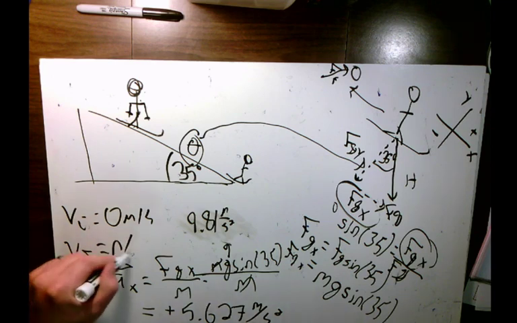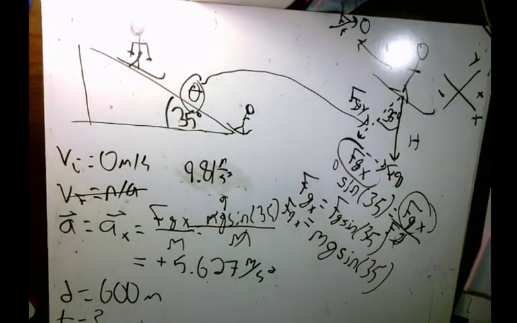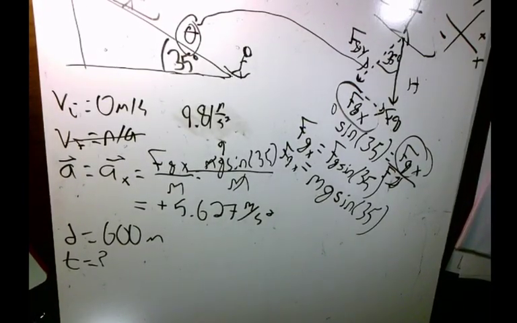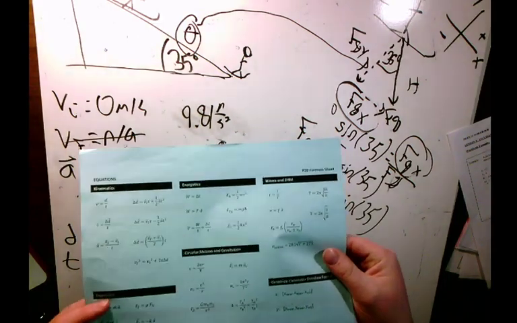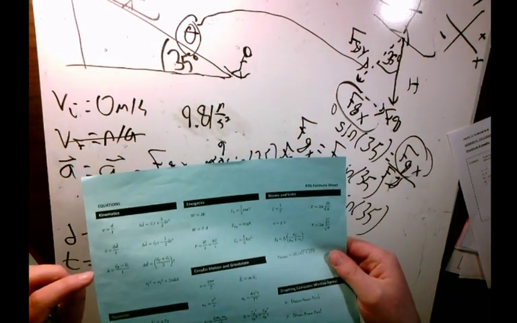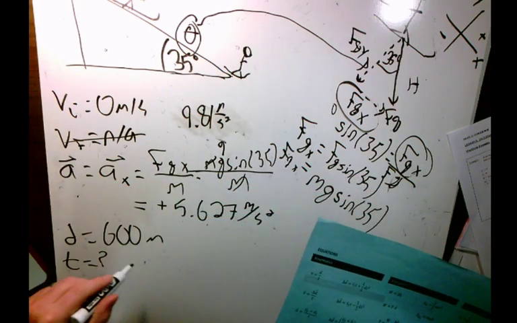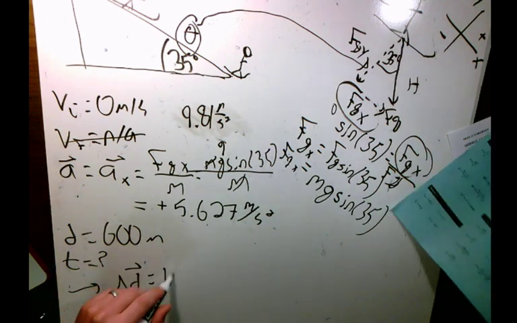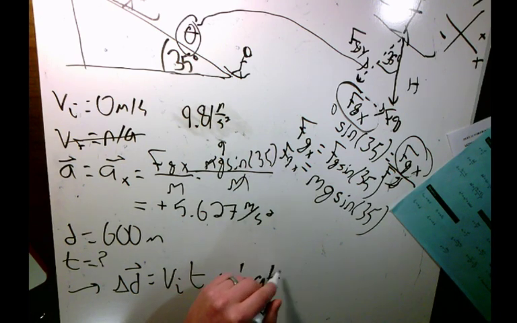So this is the part of it that I'm not concerned about. Let's get a little more of the whiteboard on here. So I don't care about VF. I'm going to look at my formula sheet and try to find the equation that doesn't have final velocity in it, which is this guy here. So I'm going to use displacement is equal to VIT plus half AT squared.